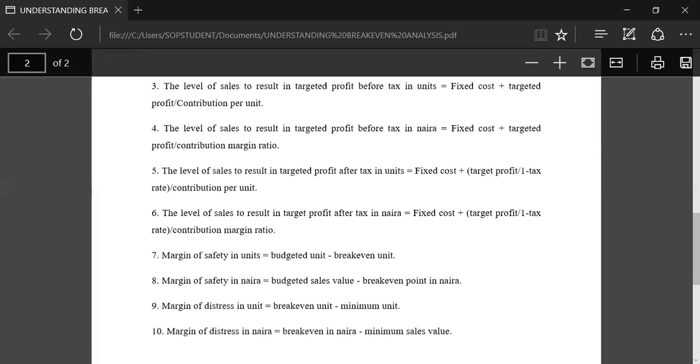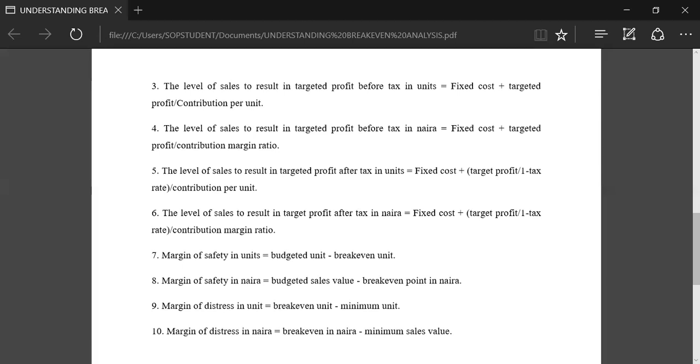Now, these two targeted profits are profit before tax. But when we want to determine the level of sales to achieve a targeted profit after tax, what we do is we first of all subtract the tax rate from 1.